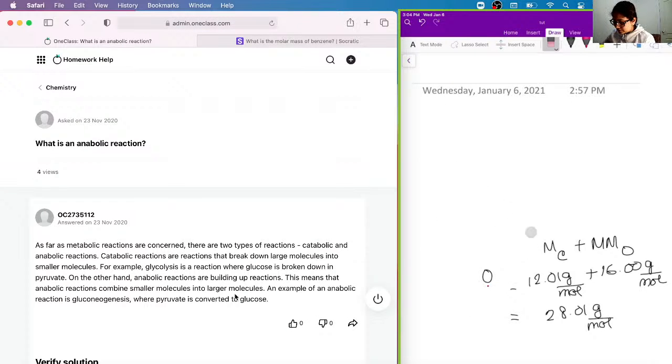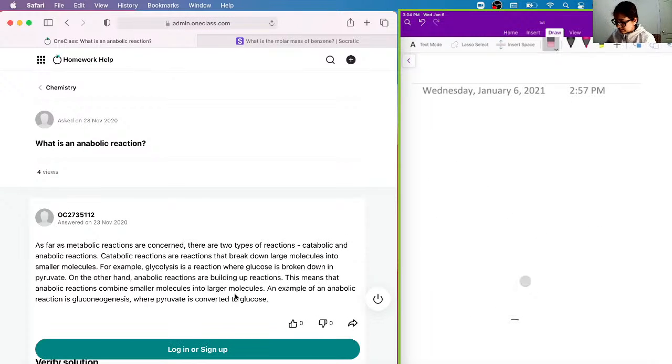Now for question 2, it says, what is an anabolic reaction? When we talk about any type of reactions going on, for example in our body or in any system, we're talking about metabolic reactions.